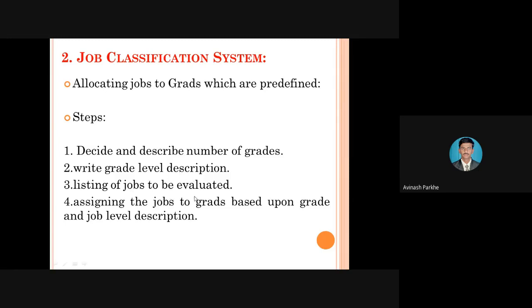Listing the jobs to be evaluated. So here the evaluation of the job will be taking place. First of all, whatever number of jobs we have to evaluate, we have to prepare their listing and assign the jobs to the grades based on the grade and the job level description. So once the list of jobs is ready, we check the performance, and according to their performance, we have to give the grade. For example, jobs 1 to 10 work in an effective manner, their grade is A++.